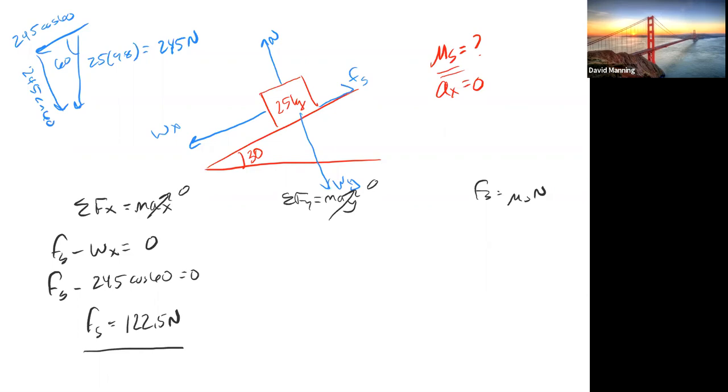In the y, N minus Wy equals 0. N equals 245 sine of 60, 212.18.